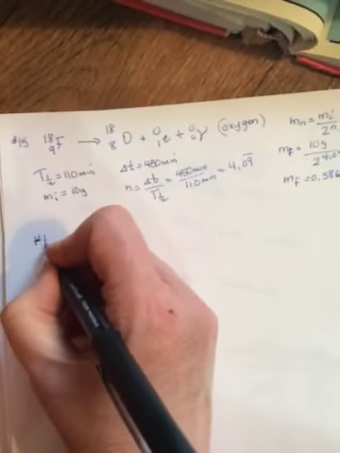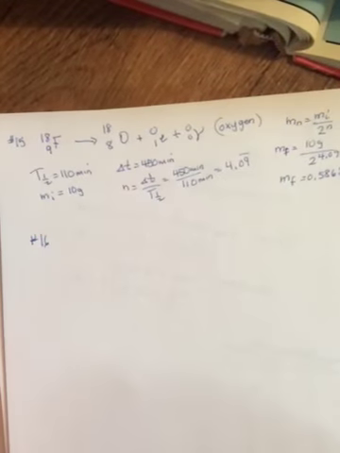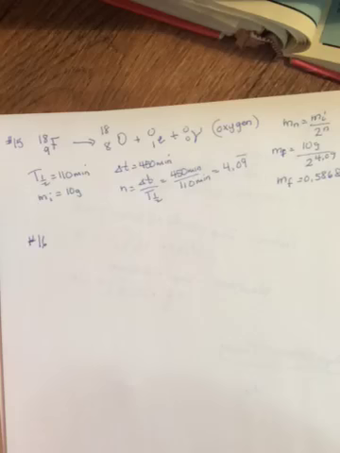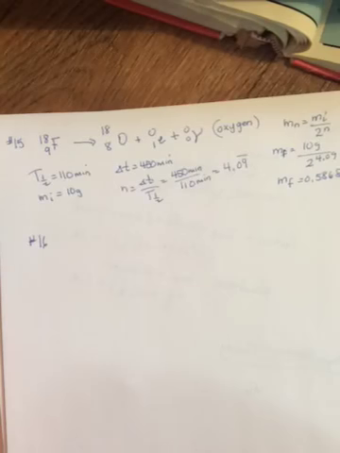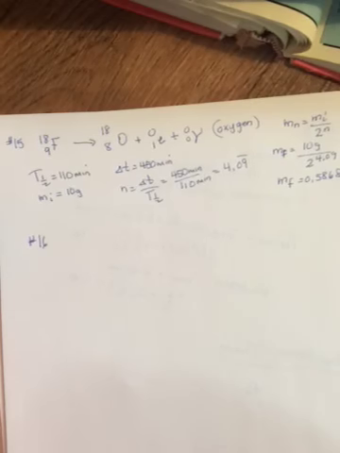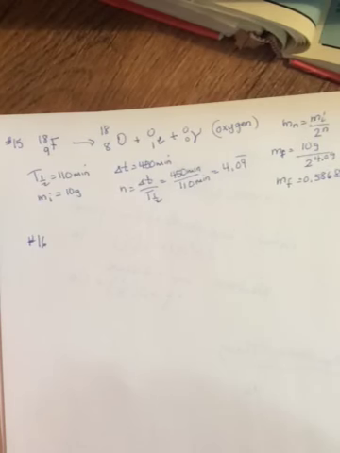Number 16 says the basements of many homes are built over granite. Granite contains small amounts of radioactive uranium and thorium. Uranium-238 goes through a series of decays before reaching a stable lead isotope. Uranium-238 emits an alpha particle, leaving an isotope that decays by emitting a beta.